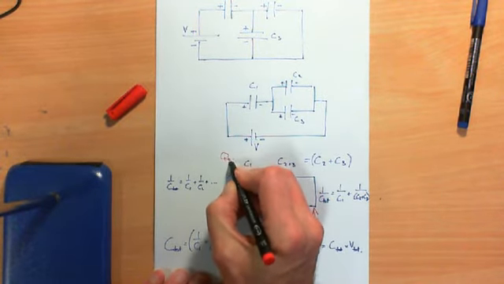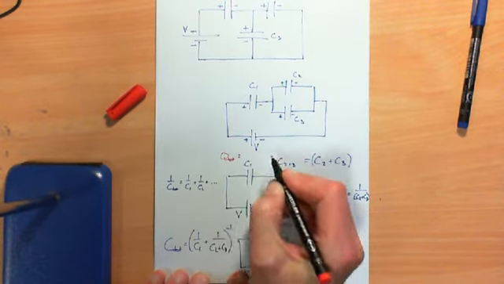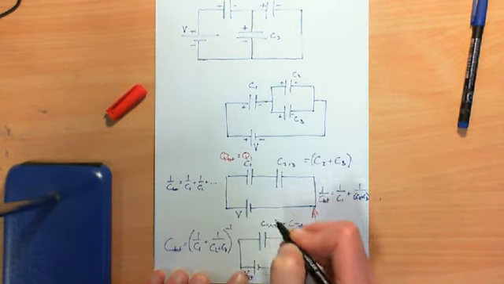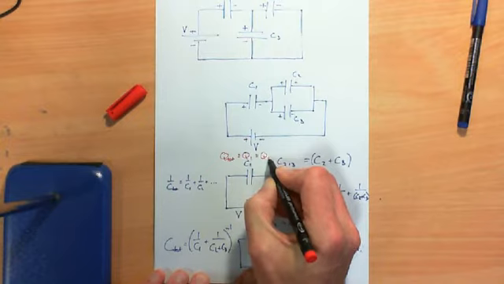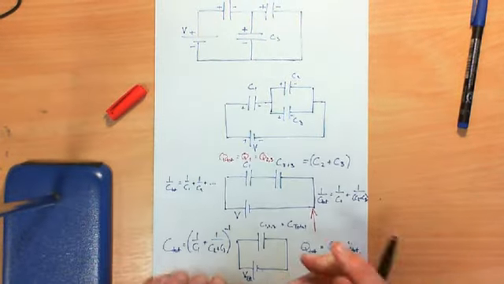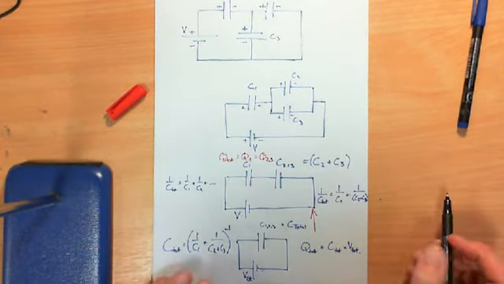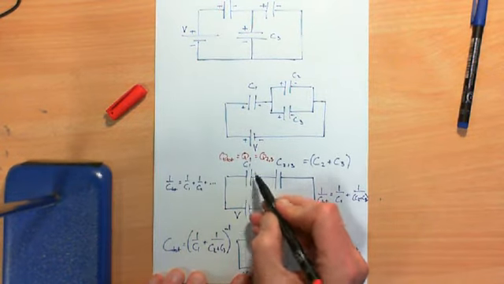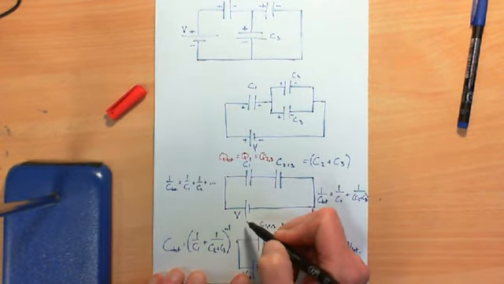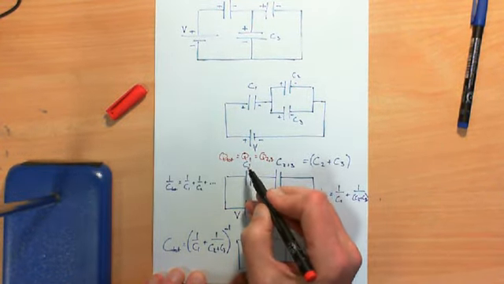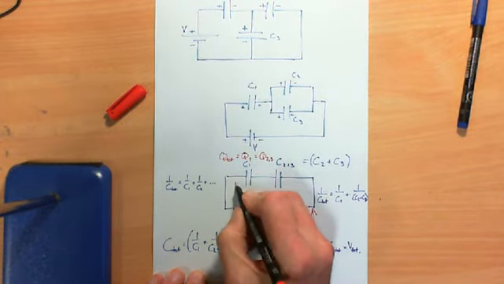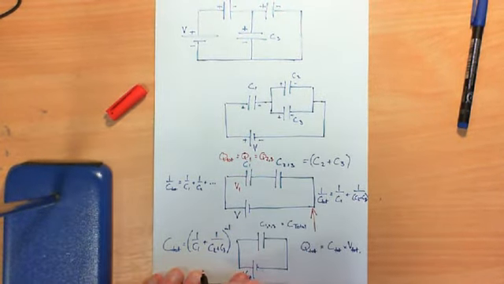So Q total that I've worked out is equal to Q1, which is equal to Q23. So I could work out the charge on here, and if I know Q1 and I know C1, I could work out V1, for example.